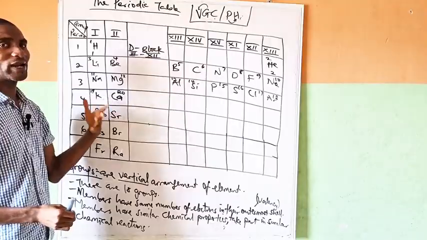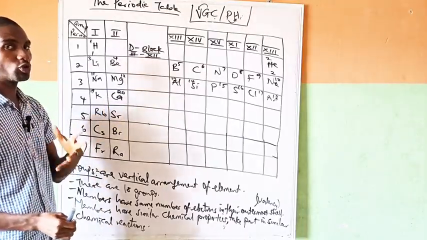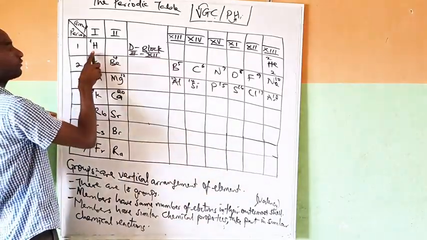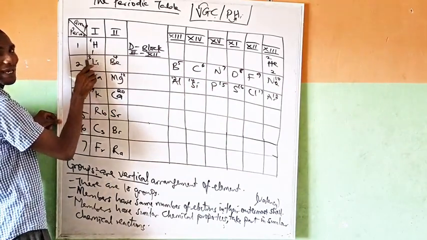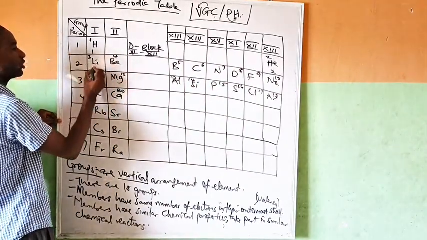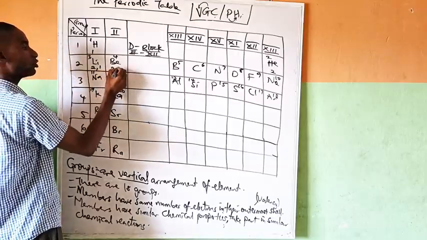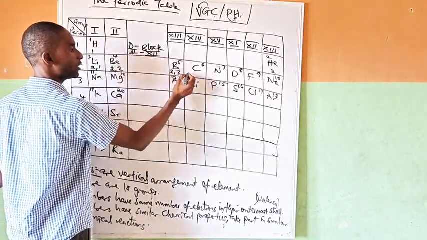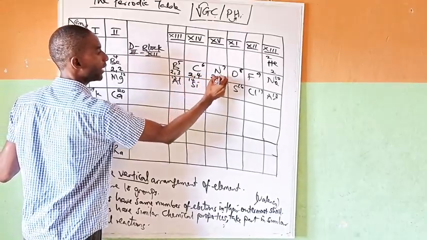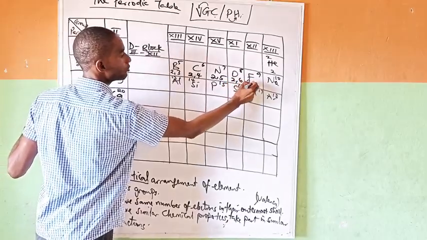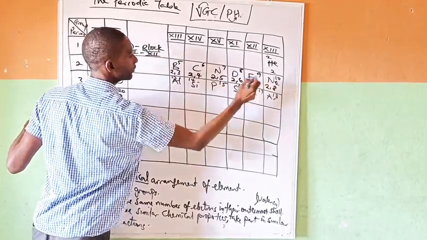Now let me write the configuration, because I'm going to use it to show you a few things. The configuration for 1 is 1, for 2 is 2. Even though there are 3 electrons for lithium, the configuration is 2,1, then 2,2, 2,3, 2,4, 2,5, 2,6, 2,7, 2,8.